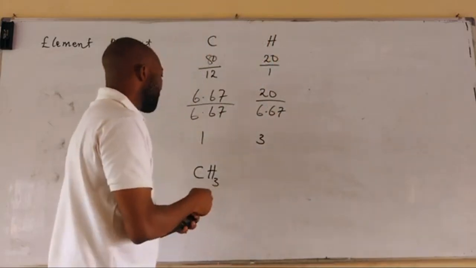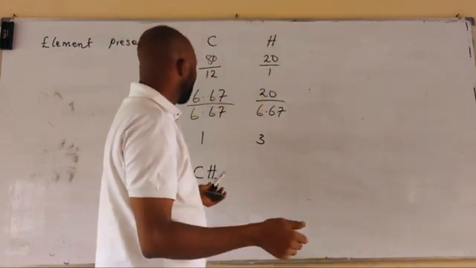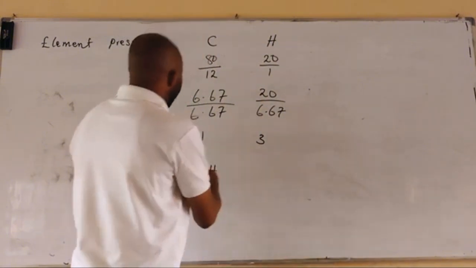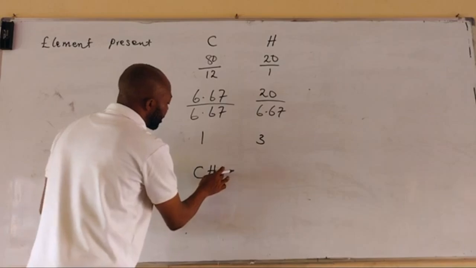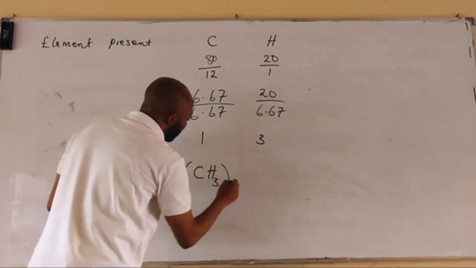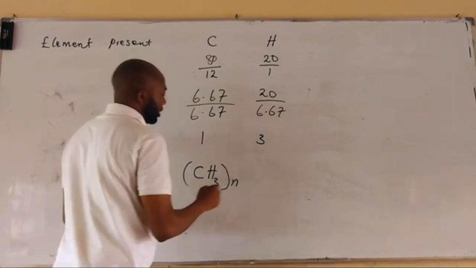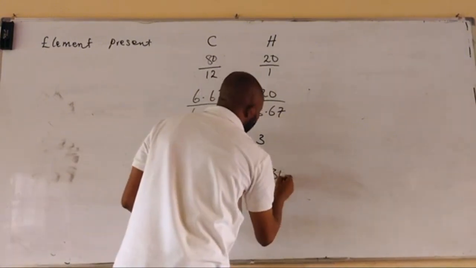If this is given, I can easily say times what gives me the molecular formula. I don't know what that is, so let's call that n, equals the relative molecular mass, which here is 30. That is what they give us.